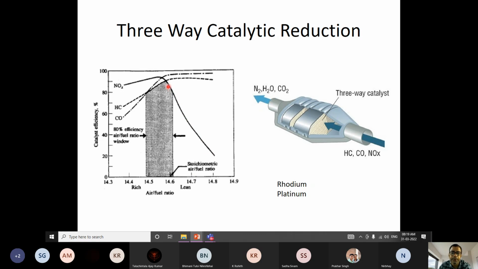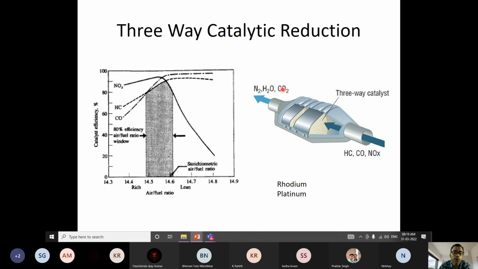That is really very important. However, you can see in the lean condition, the conversion efficiency of HC and CO is not affected too much. It is almost at the limit, the highest, and it remains constant up to 14.8 or more. But on the rich side, the conversion efficiency of HC and CO is also reduced.